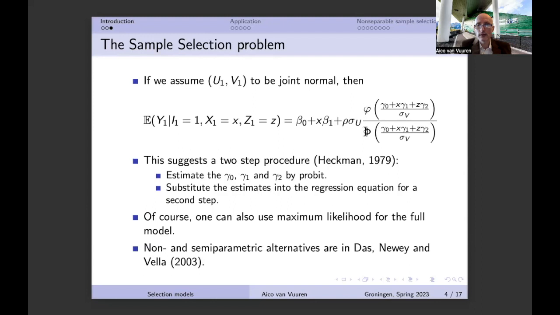This is the density, and this is the normal distribution, also evaluated in exactly the same value that we have over here.